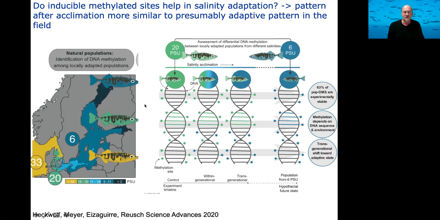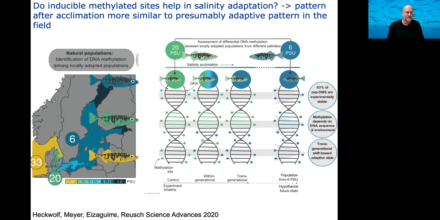Melanie and co-workers were able to show that yes, there are some DNA methylation marks you will not be able to change compared to the wild situation, but others are being induced over these 2 generations to resemble the existing gradient in methylation that is possibly responding to salinity much more closely.